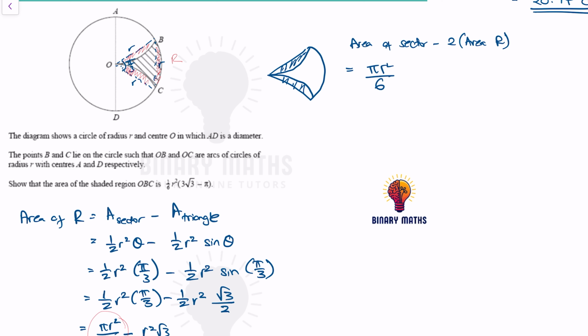But then I need to take off 2 lots of what I've just worked out, which is 2 lots of pi r squared over 6, take away r squared root 3 over 4.